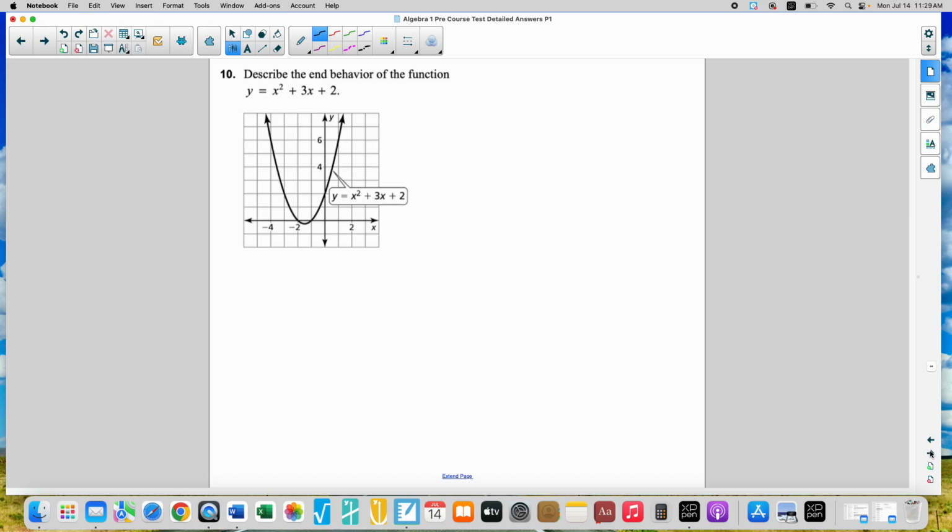Describe the end behavior of the function. Okay, so when we talk about end behavior, that's your y's, and we want to know by your x's. So you're going to write as x goes to +infinity, what does your y do?